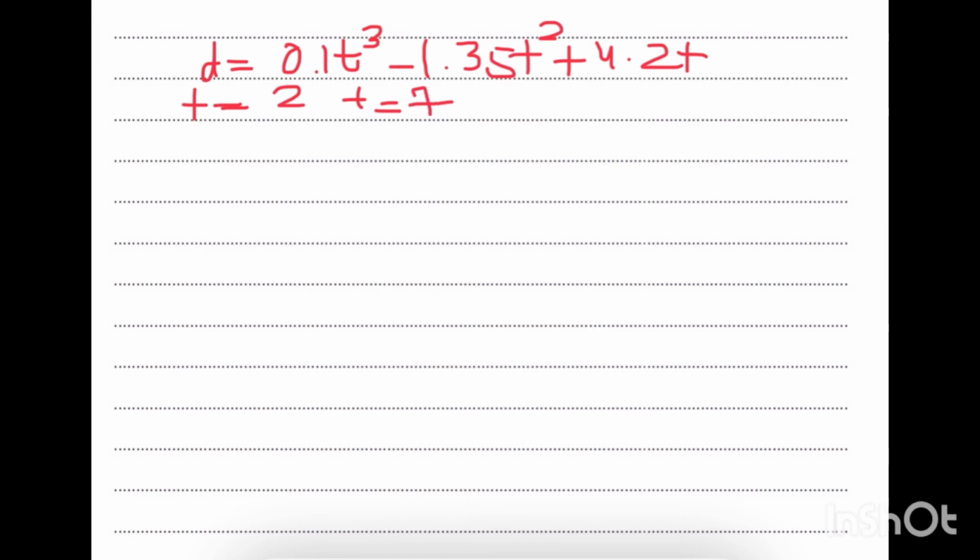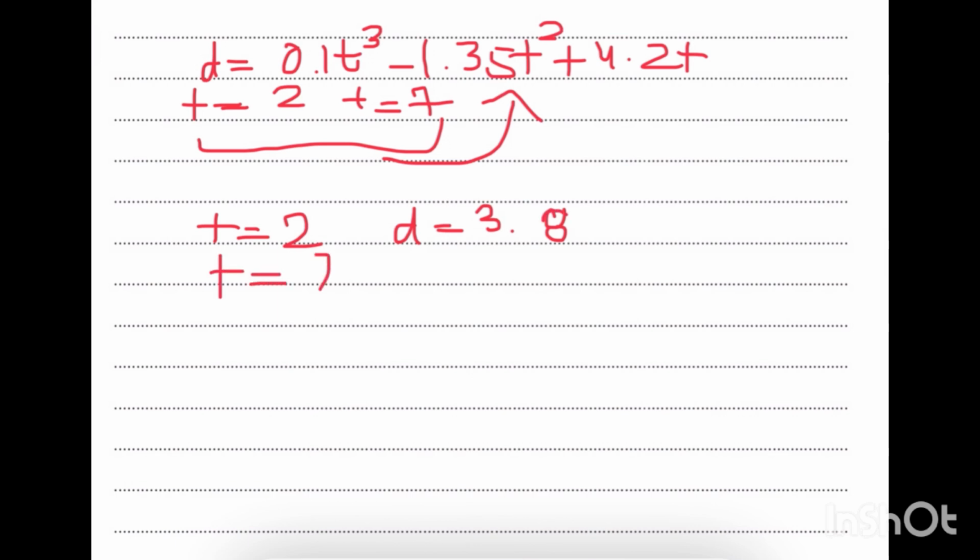Now we can substitute these two values for t back into the displacement formula and find out the distance traveled at these 2 points. So when t is equal to 2, the displacement is equal to 3.8, and when t is equal to 7, the displacement is equal to negative 2.45.